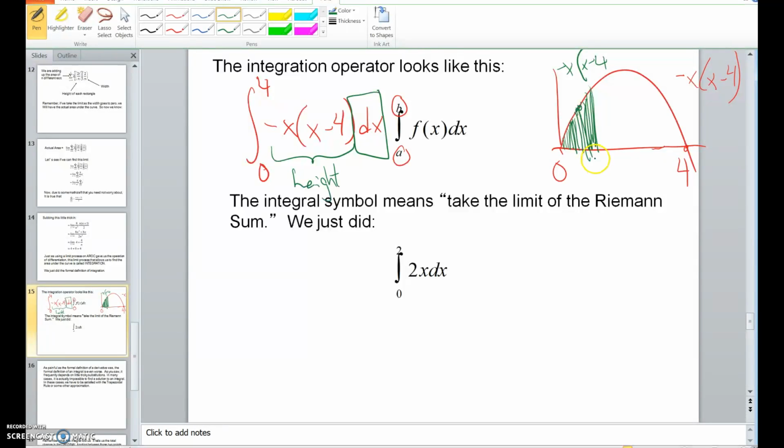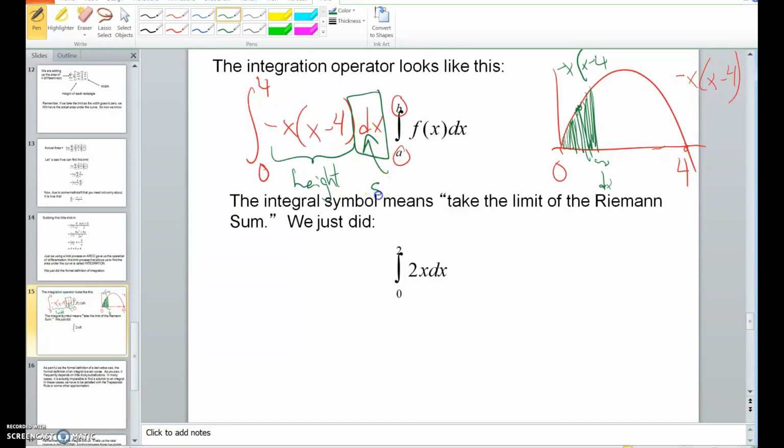dx represents the tiny, tiny sliver of width that each line has. It is what happens to delta x from the summation notation when we take a limit and make the rectangles infinitely skinny.